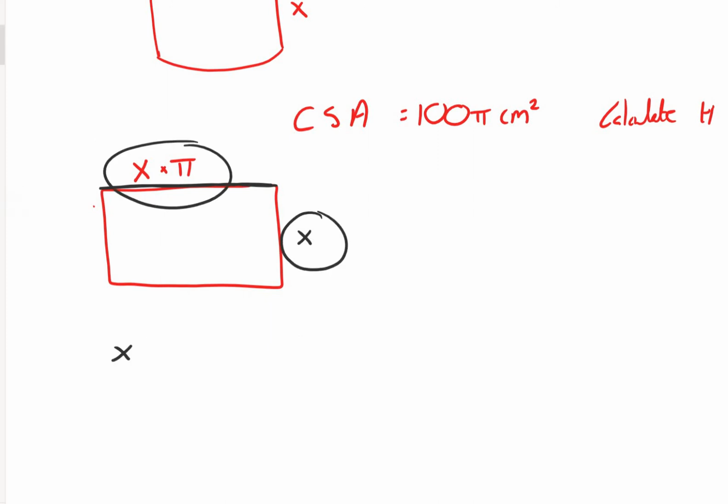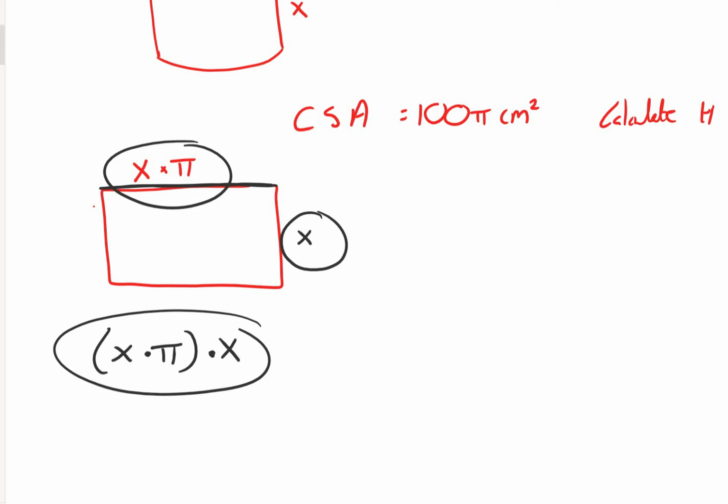So in the first instance we have x multiplied by pi, multiplied by another x. Now all this multiplied together will be x multiplied by x multiplied by pi. We don't do this. Why? Because there's a multiplication sign here, so there's no need. Okay.